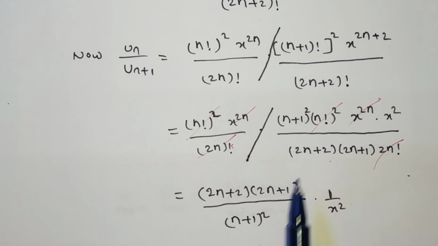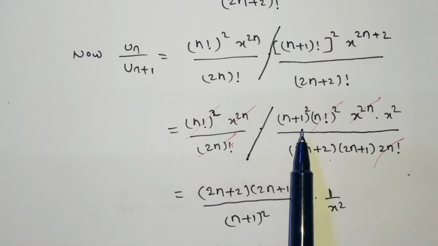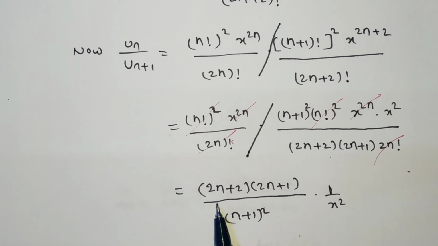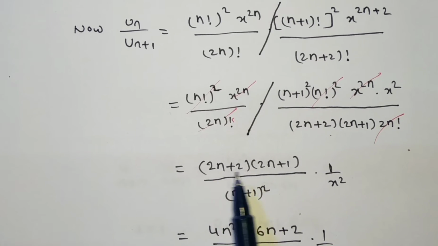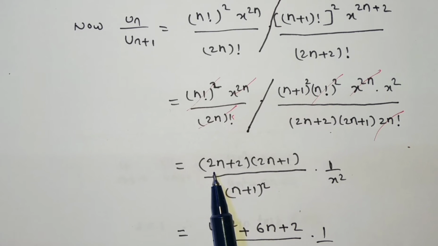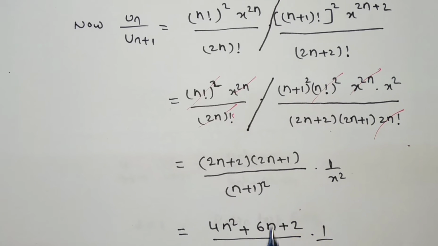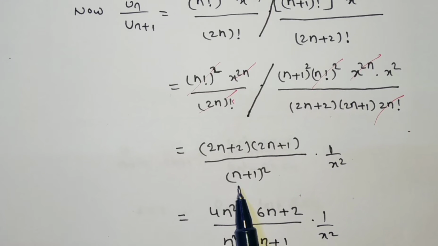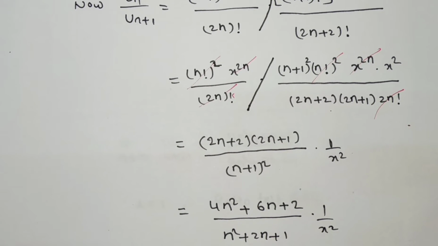That is (2n plus 2) into (2n plus 1) by (n plus 1) whole square into 1 by x square. Now multiply: 2n into 2n is 4n square, plus 2n into 1 is 2n, plus 4n, that becomes 6n plus 2 into 1 is 2, divided by (n plus 1) whole square is n square plus 2n plus 1, into 1 by x square. This is u_n by u_(n+1).